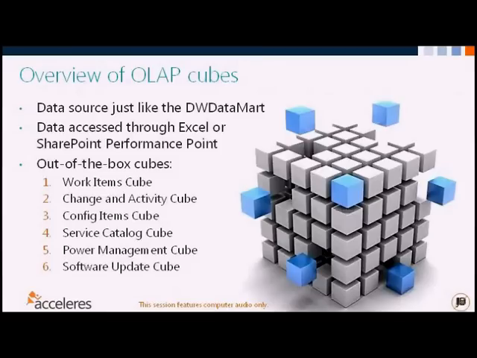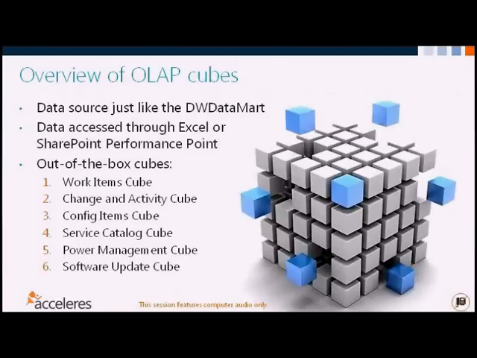That's the most common cube that we use. There's also a change in activity cube, which is just a subset of the work items cube, really focused at building just change reports, CAB meeting reports, those sorts of things. But since it's a smaller cube and it's scoped down a little bit, those reports will run a little bit more quickly. It's going to be more performant because it has less data to sort of filter through.